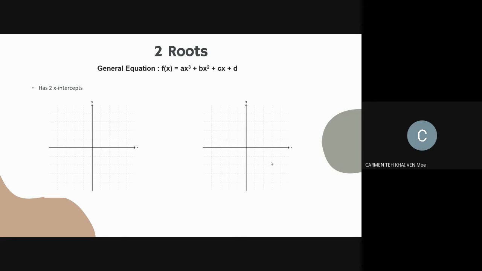For the second case, when the coefficient of x cubed, which is a, is bigger than 0, which is positive, the shape of the graph will be like this. On the other hand, when the coefficient of x cubed, which is a, is smaller than 0, which is negative, the shape of the graph will be like this.